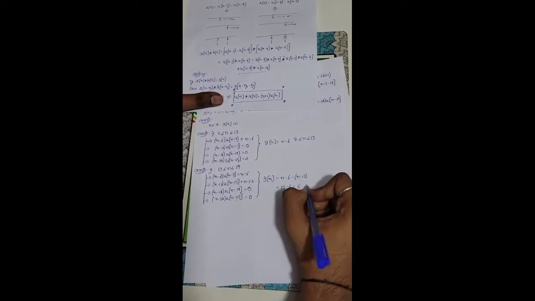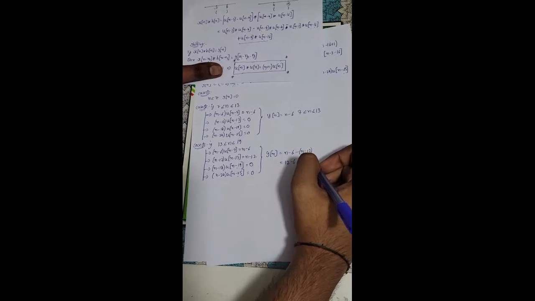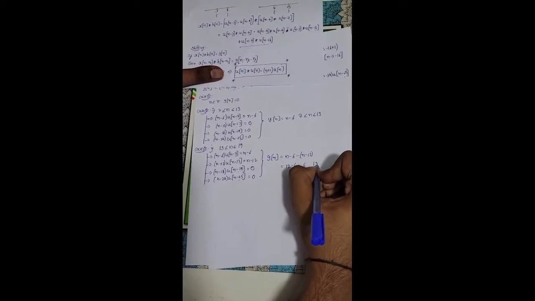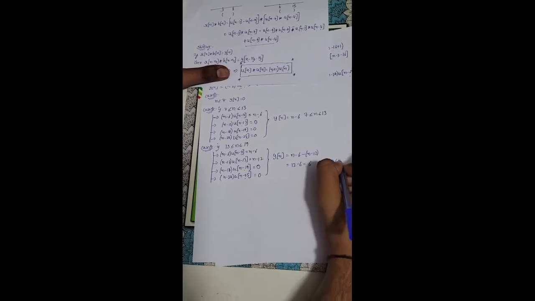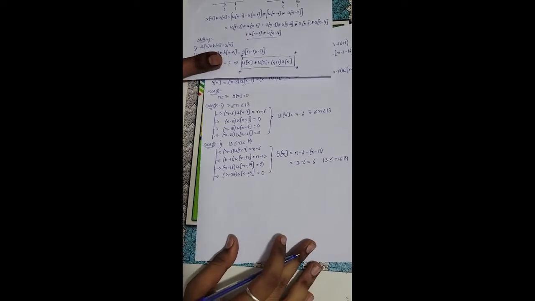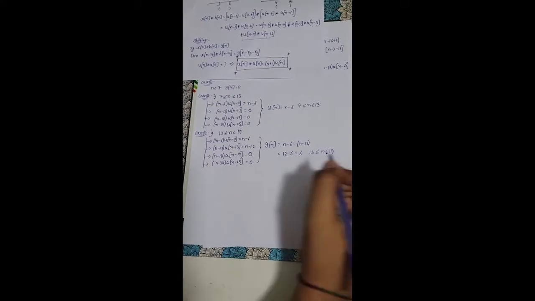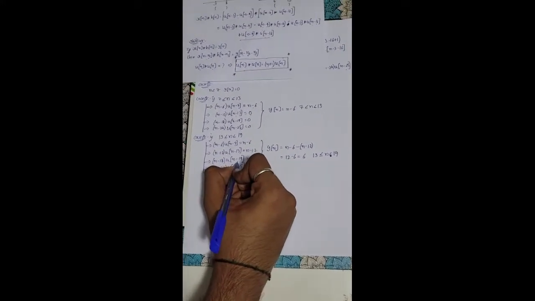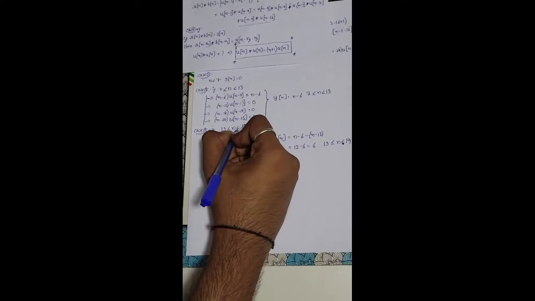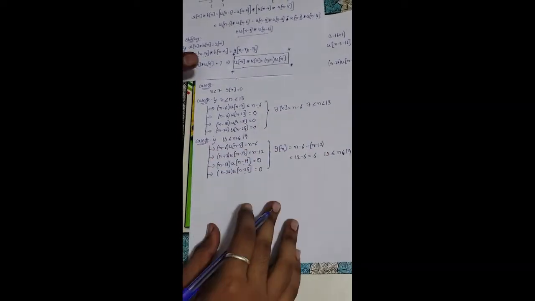So y of n value is 6 when n is from 13 to 19. Or else we can take only 13 to 19, because at 19 it will also be valid, so we will not take that case, so we can remove this.